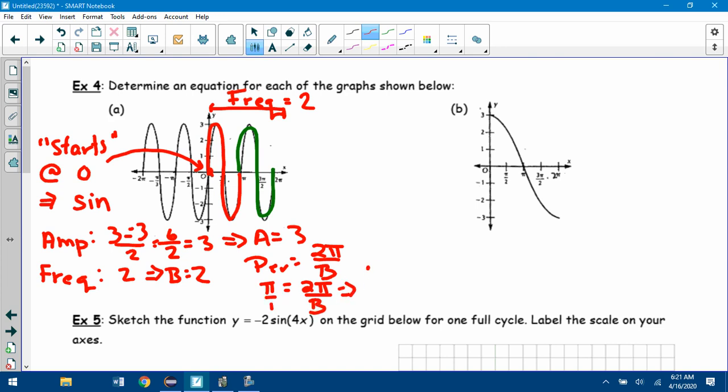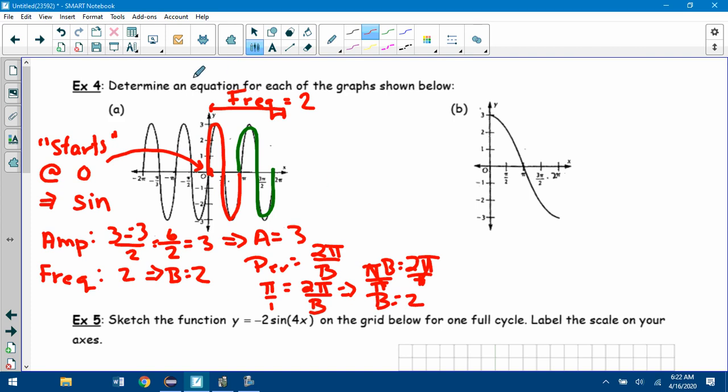I would get pi b equals 2 pi. And when you divide by pi, you get b equals 2. So if you can see 0 to 2 pi and can tell the frequency, that's probably the easiest way to get it. But if you can just tell what the length of a cycle is and you only can get the period, you can solve it that way also.